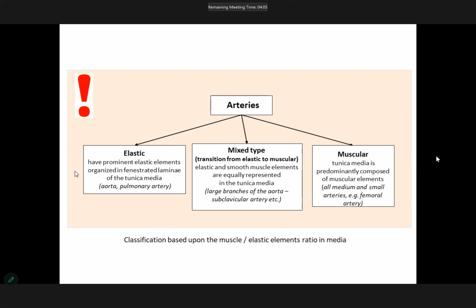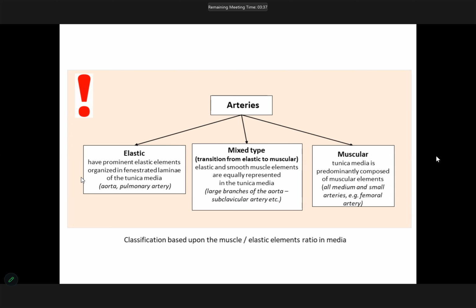And we have only two elastic arteries in our body. They are aorta and pulmonary trunk, which go out from heart. Only those two are elastic arteries. And in these arteries, the elastic elements are organized in so-called fenestrated laminae or fenestrated membranes.